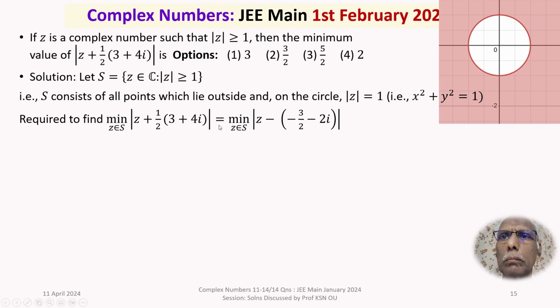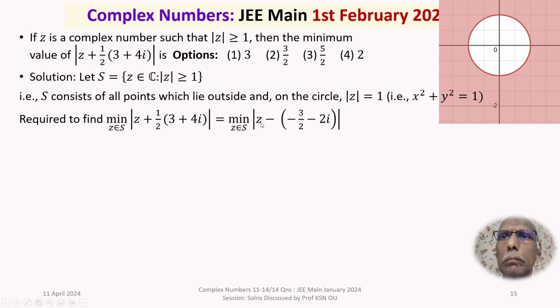So that is the same as the minimum of mod of z minus, in brackets, minus 3 by 2 minus 2i, where the minimum is to be taken over all z belonging to S. What is this?